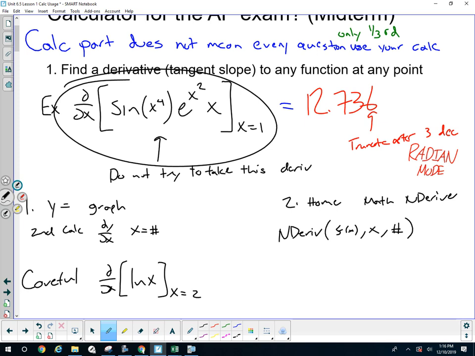Everybody, discuss with your neighbors the derivative of log x when x is 2. What's the tangent slope generator for log x? Plug in 2. We get 1 over x, we plug in 2, you get 1/2. Great.